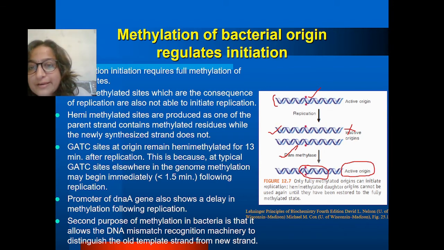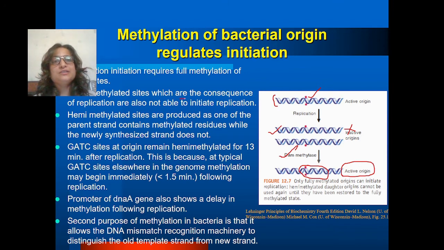The whole of the ori is methylated. This is the meaning of active origin. Hemimethylated sites, which are the consequence of replication, are not able to initiate replication. Hemimethylated sites are produced as one of the parent strands contains methylated residues, while the newly synthesized strand does not.